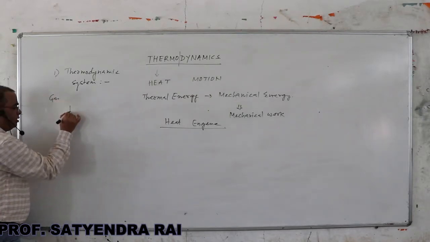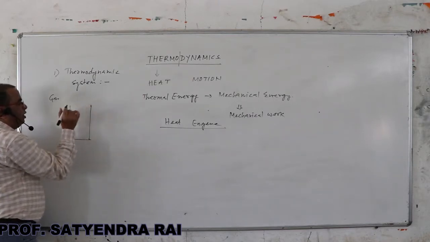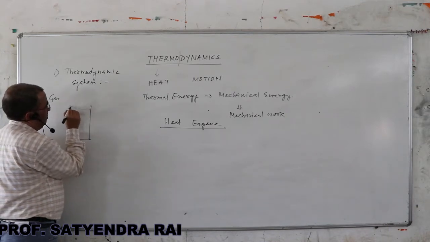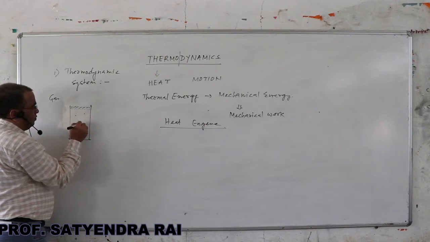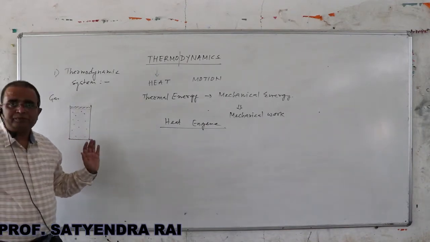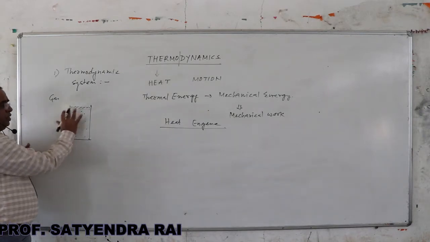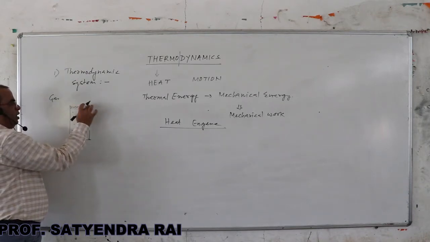If you contain some gas in a container with a piston, this is a system of gas molecules, and definitely it is confined within boundaries. These are the walls of the container, here the piston.